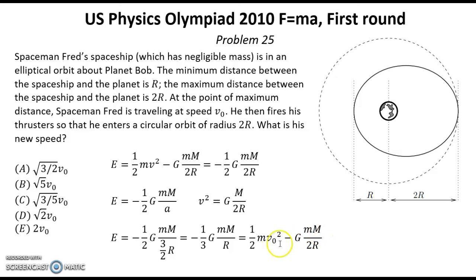From here we can find v0². So from this formula v0² equals 1/3 GM over R, and using this expression for v², we have that it's equal to 3/2 v0². And from here we can find that v equals square root of 3/2 times v0, which is the correct answer A.